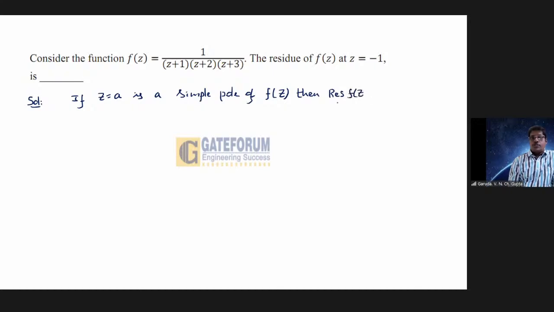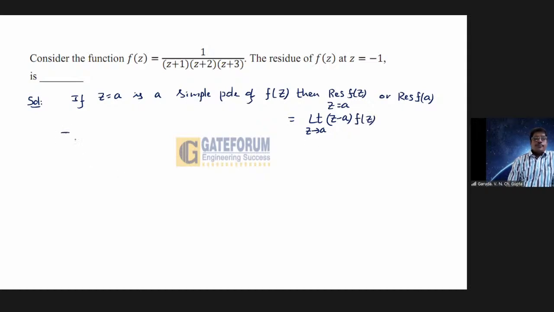F of z, residue of the function f of z at z is equal to a, or some people denote it by Res f of a, is equal to limit z tends to a, z minus a into f of z.